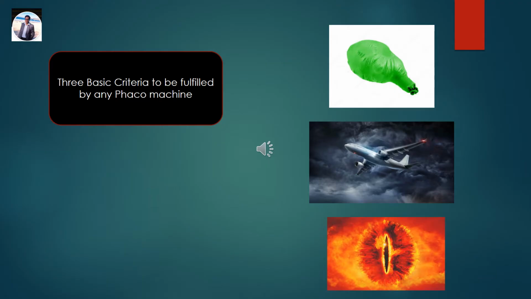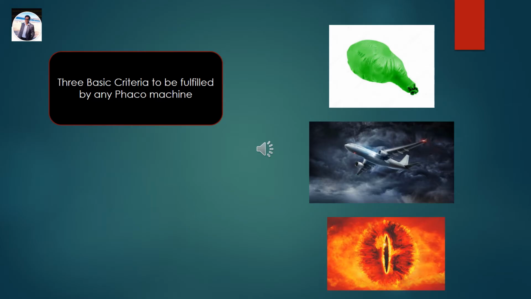Your nucleus pieces go here and there, and then they might go and rub against the corneal endothelium, which is not a very happy situation for the doctor. So the second principle of phaco is that whichever machine a doctor uses, it needs to give a very stable environment in the eye, with minimal turbulence.